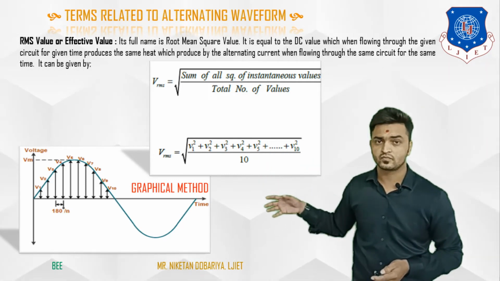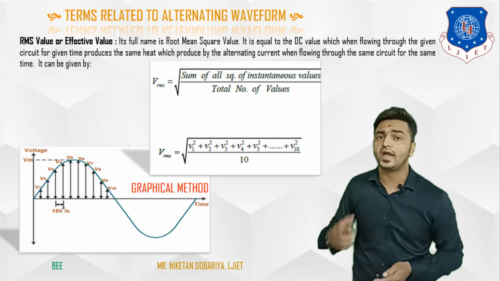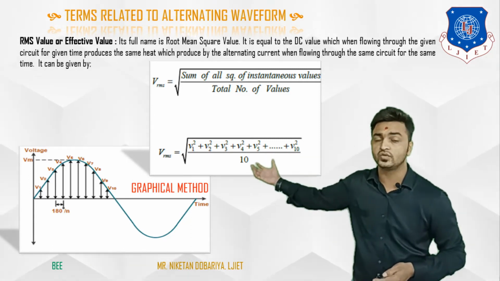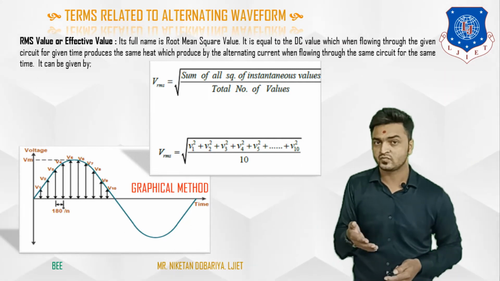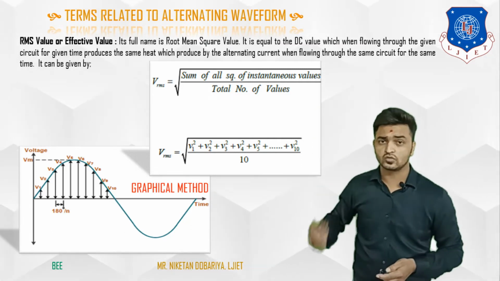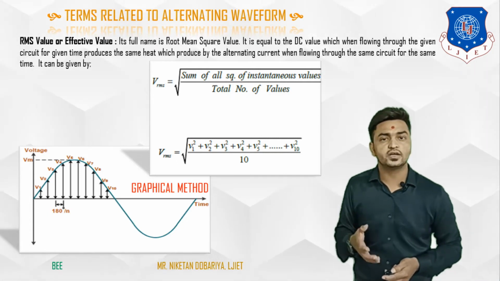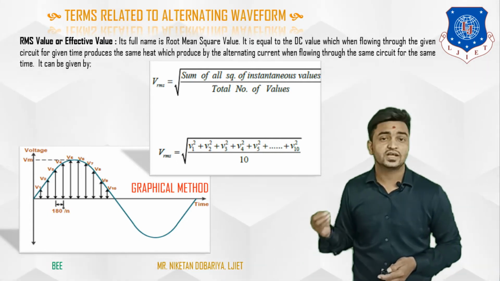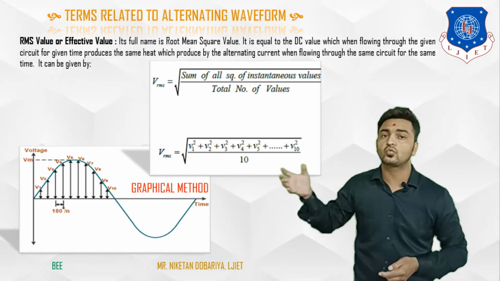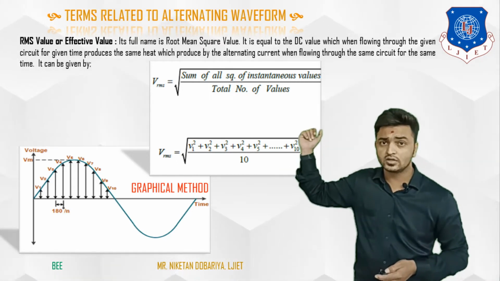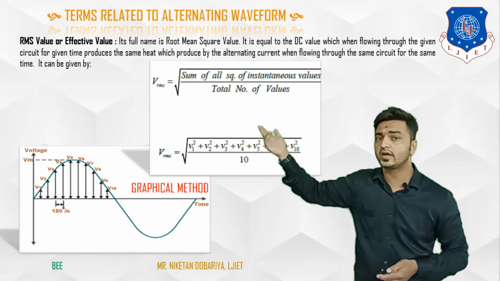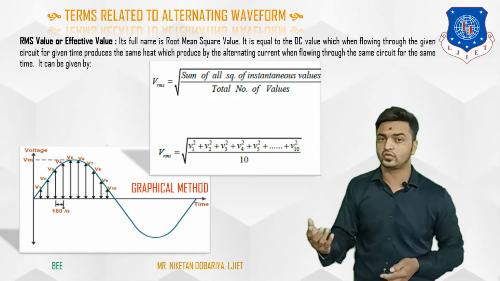As I mentioned, first of all we will find the square of these values V1, V2 up to V10. In this equation we are using the graphical method, so first we find the squared values, given here as V1 square, V2 square up to V10 square.